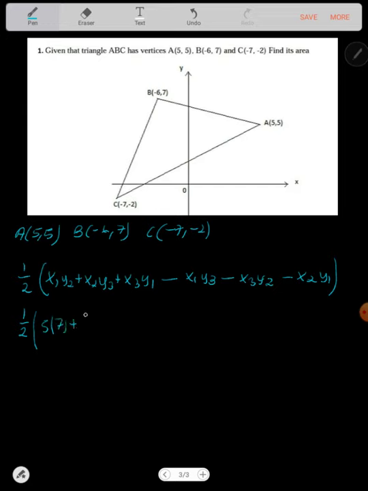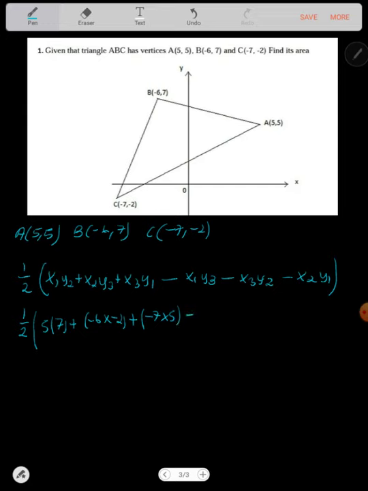Plus x2, which is negative 6, multiplied by y3, which is negative 2. Then we add x3, which is negative 7, times y1, which is 5.